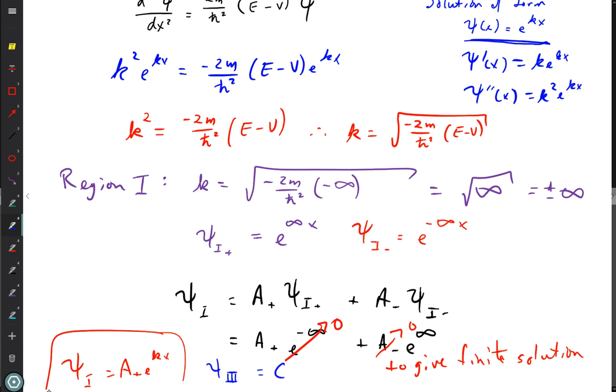And I will put c minus e to the minus kx. And what is k in this case? As we wrote, it's infinite. Right, it's silly to talk about the k here because it's infinite.